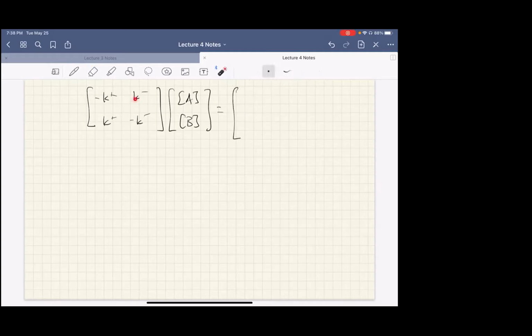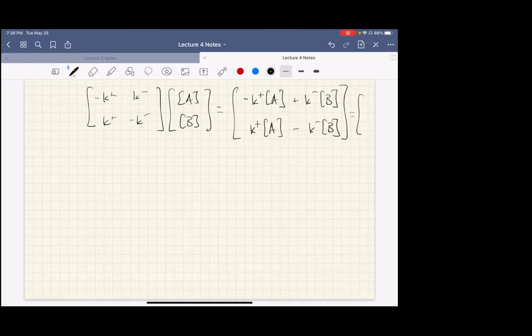So top row times the column, we get negative K plus concentration of A plus K minus concentration of B. And then this times that, K plus concentration of A minus K minus concentration of B. And that has to equal 0, 0.